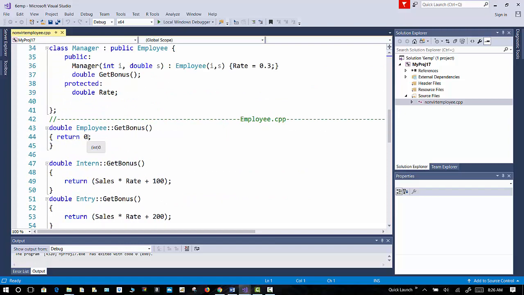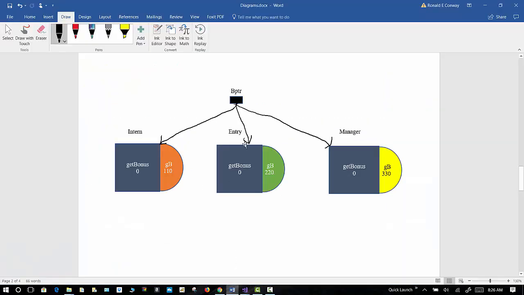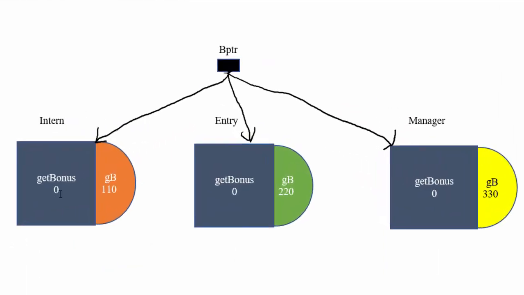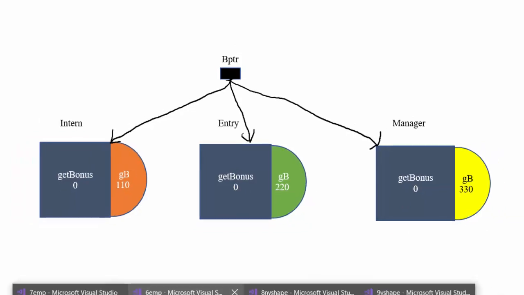which simply returns 0. So if we look at this illustration here, we see that when the base class pointer points at each one of these objects, it will only see the base class part of it and should just print the bonus out as 0. Let's run the program and see what happens.